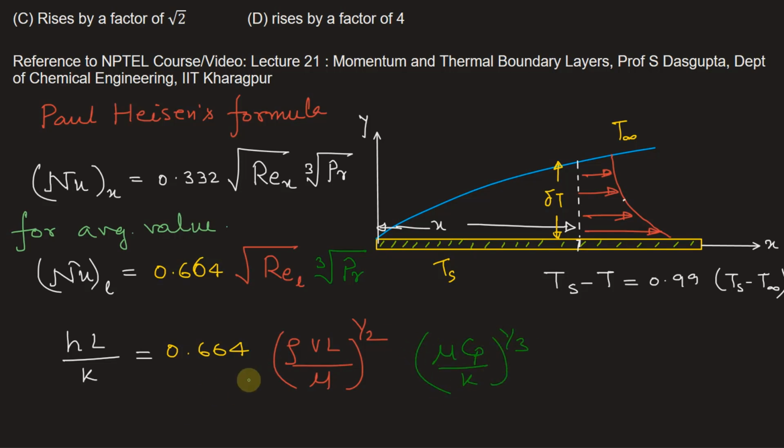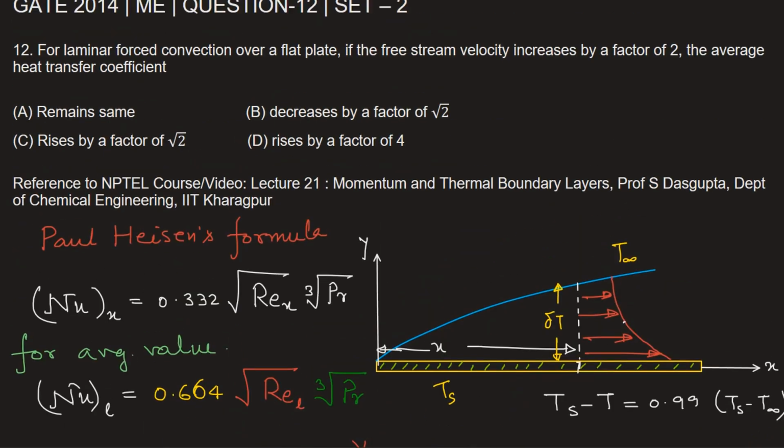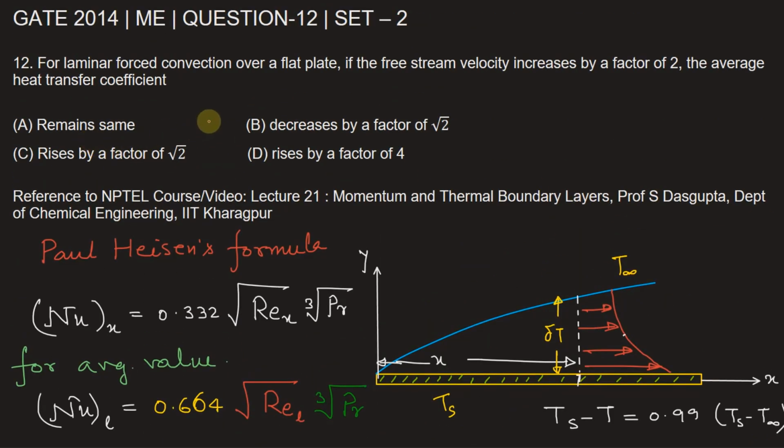Now from here we can see that h is directly proportional to the square root of the velocity. That means if the velocity becomes 2 times, suppose V final is equal to 2 times V, then if we substitute it here, h final will be equal to square root of 2 times the original heat transfer coefficient.